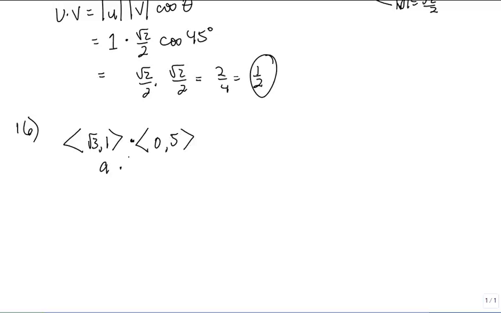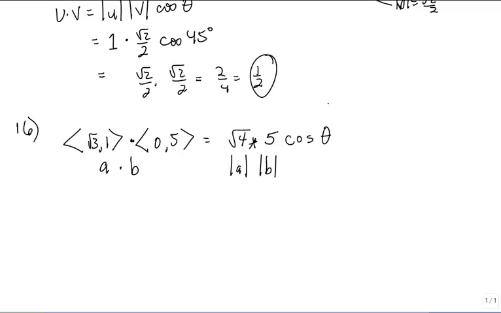So I have A dotted with B equals the magnitude of A. So that's going to be square root of 3 squared plus 1, square root of 4, times the magnitude of B. Magnitude of B is 5. Cosine of the angle between them. And that's what we're trying to find.